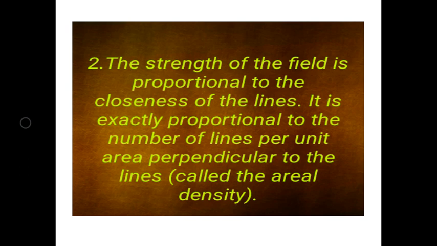If the field lines are far apart, in that region the magnetic field will be weak. That is, the strength of the field is directly proportional to the closeness of the lines. Areal density means the number of lines per unit area which is kept perpendicular to the lines.